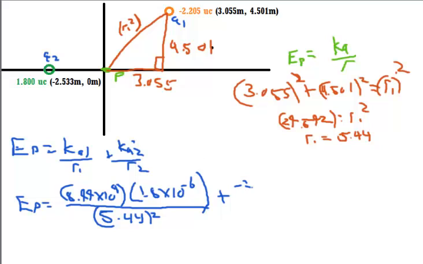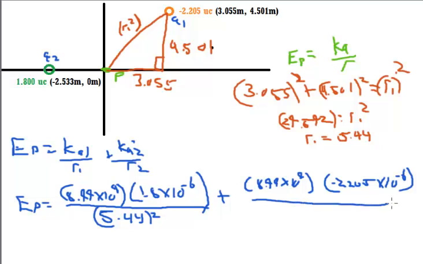Let's start with K to make life easier: 8.99 times 10 to the 9 times negative 2.205 times 10 to the negative 6 over 2.533 squared.